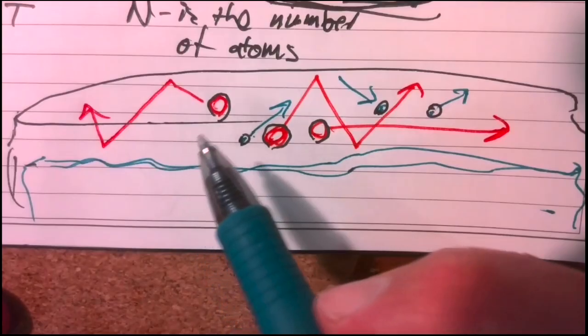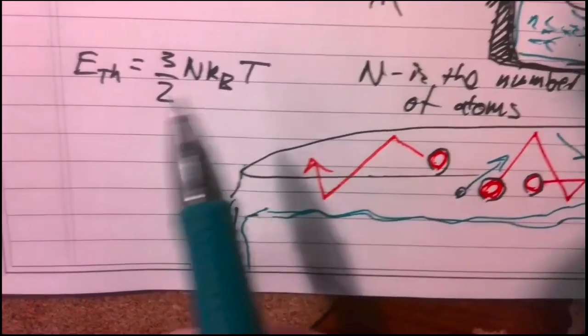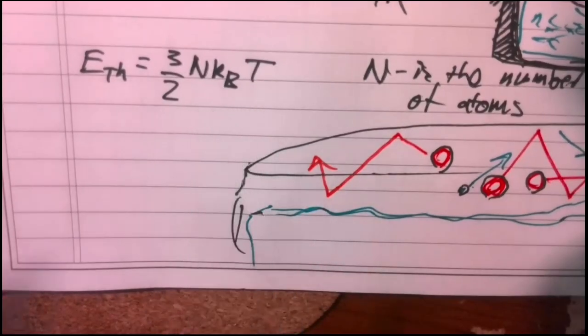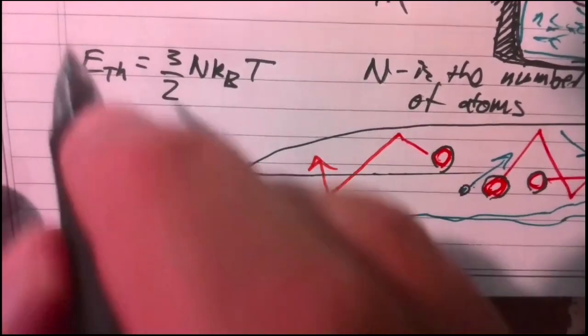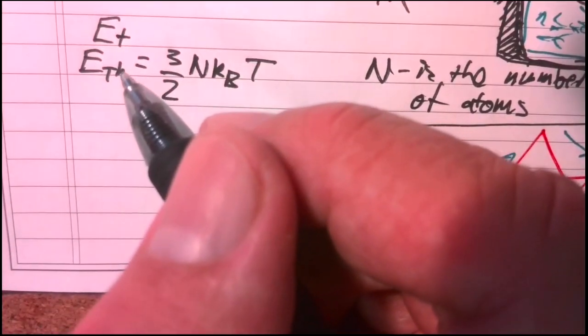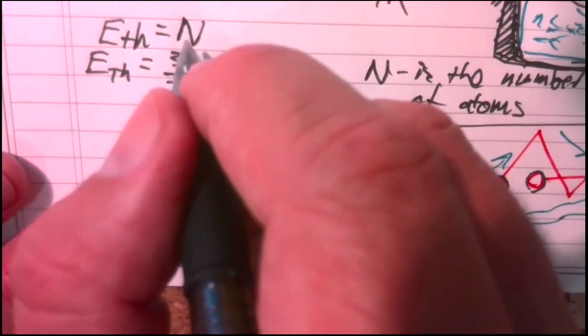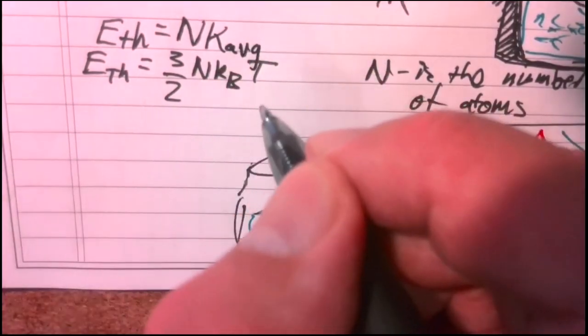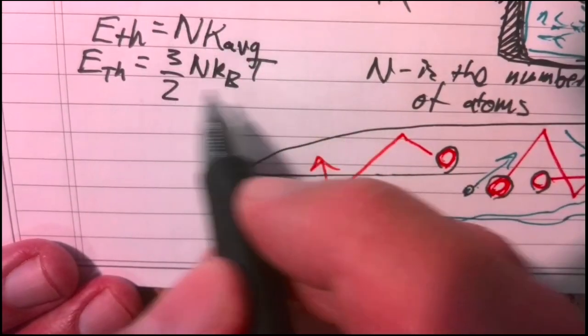And in the book, it talks about this equation right here, which is related to the kinetic energy. Another way we can write this equation is that the thermal energy is equal to the number of atoms times the average kinetic energy of those atoms. It's the same thing.